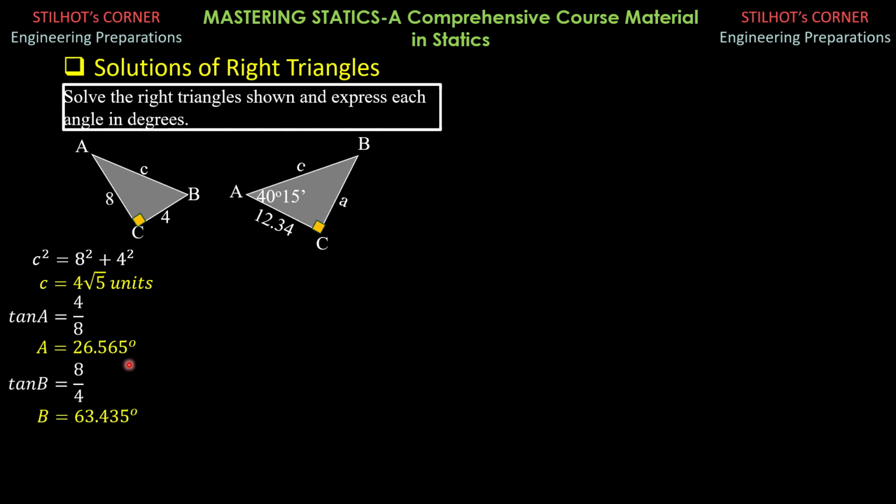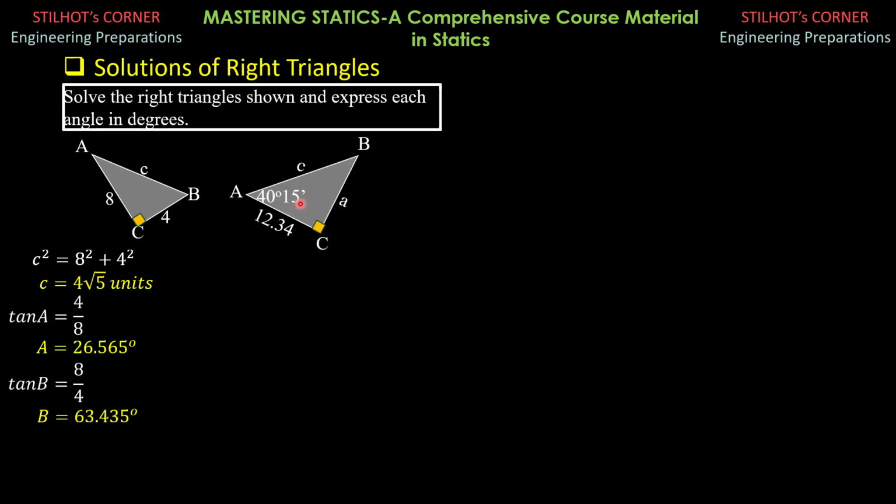In this case, I will not do the checking anymore. You just use your calculator. 26.565 degrees plus 63.435 degrees is 90 degrees. So that checks.